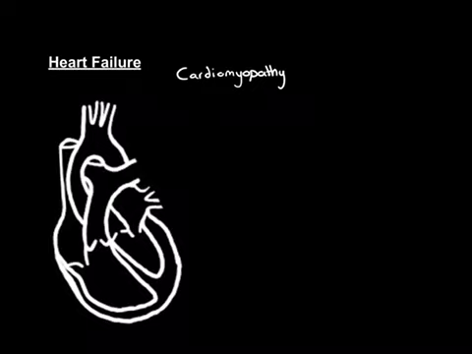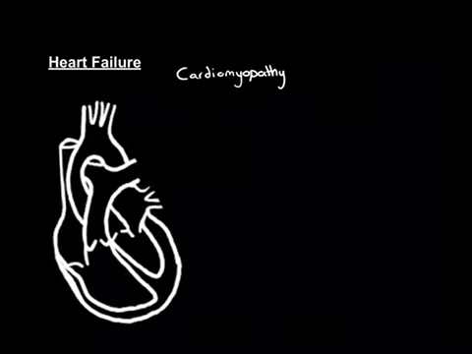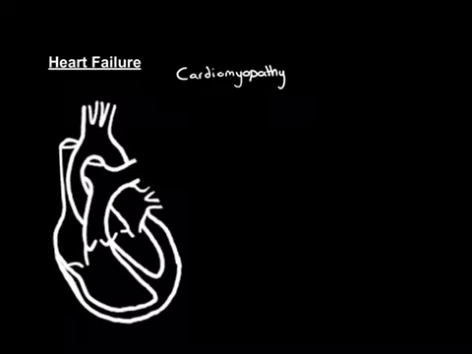So cardiomyopathy of the atria is common, and even though it's not going to cause heart failure in itself, whatever has caused that cardiomyopathy may be causing heart failure. So you should always think, if you see cardiomyopathy of the atria, why has that actually occurred, and is that cause actually causing heart failure in the individual? Right, we'll talk about that more as we develop our understanding of cardiomyopathy.